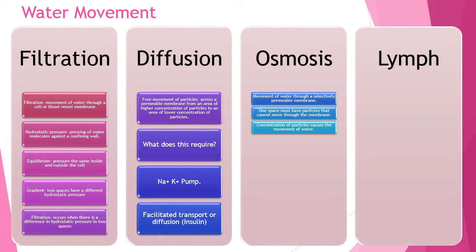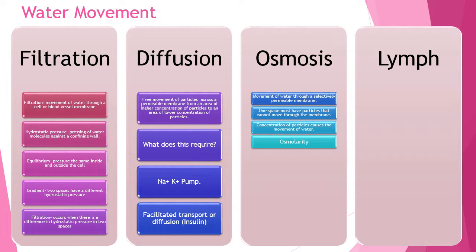Water will transfer from an area of lower concentration, which has fewer particles and greater hydrostatic pressure, into the area of higher concentration that has more particles and a lower hydrostatic pressure to equal out the concentration, thus diluting the particles, promoting concentration equilibrium.